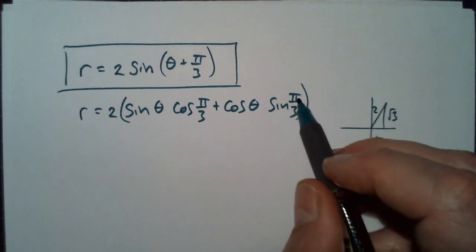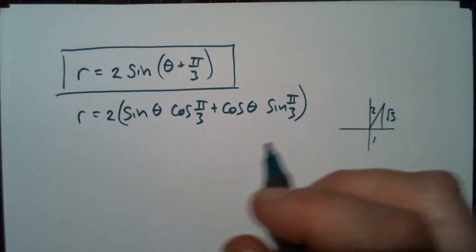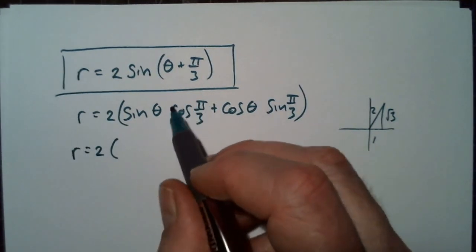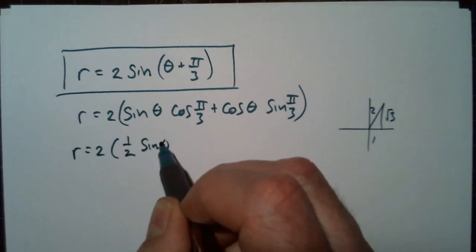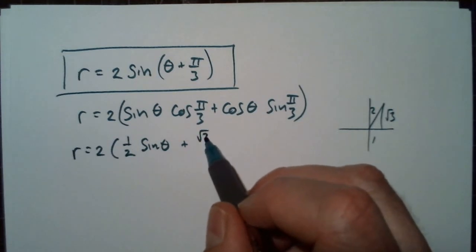We're evaluating pi over 3. So that's the triangle for pi over 3. Cosine of pi over 3 is 1/2, and sine of pi over 3 is radical 3 over 2.